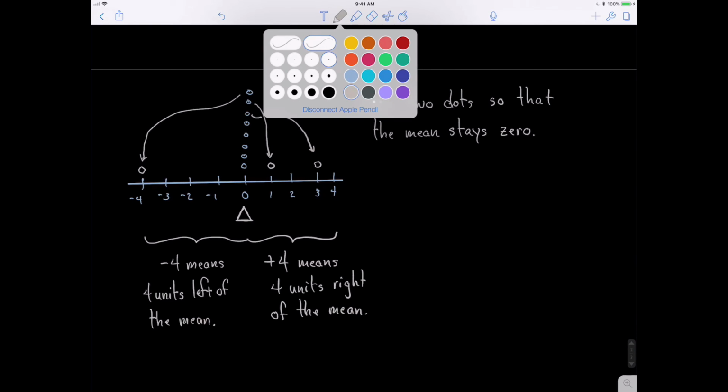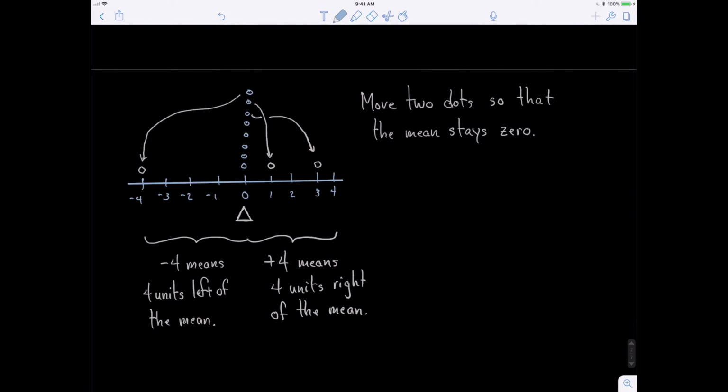But there's one more way to do this. One of our famous arithmetic problems is 2 plus 2, and look at that. If I take the first dot and I put it down here at 2, and then I take my second dot and put it also at 2, well, 2 plus 2 is 4, and there we have it. Again, 4 units right of the mean, so that it balances the 4 units left of the mean.